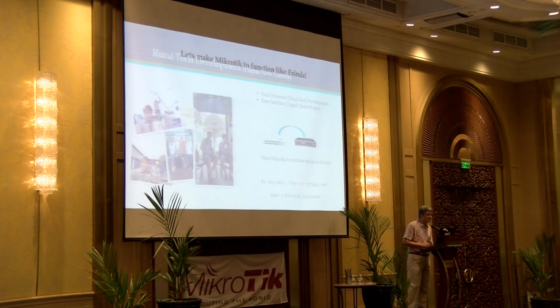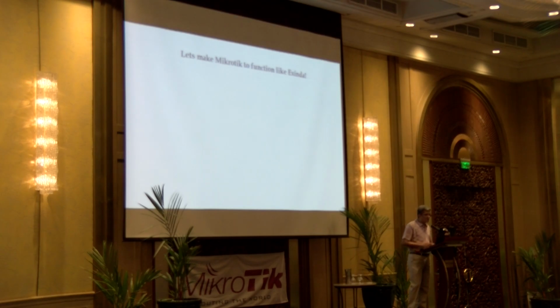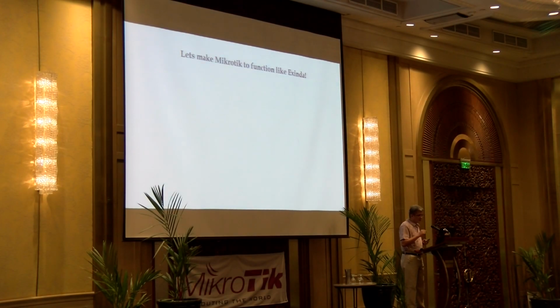Well, anyway, moving on. So let's make Mikrotik function like Exinda. Before I start, let me remind you that the Mikrotik Wiki has an entry for this. They already have transparent bridging on the wiki, and you can compare the method that they use and the method that I will use.